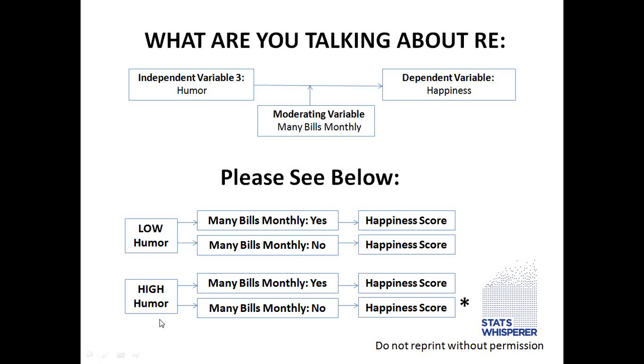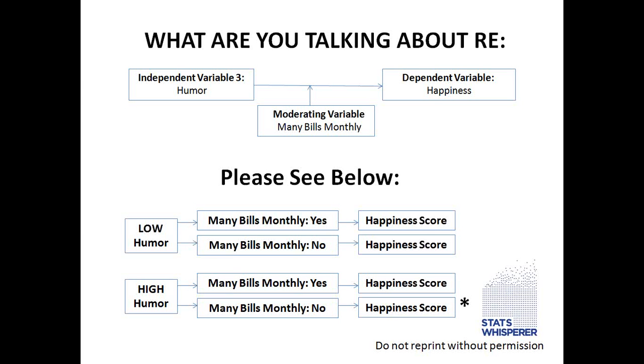And then we have high humor. So we're saying that the next category is high humor, and that within that group, there's 2 categories: those with many bills monthly, yes, and those without many bills monthly, no. And they're going to have 2 happiness scores too.